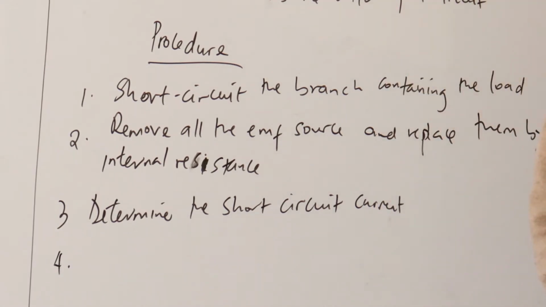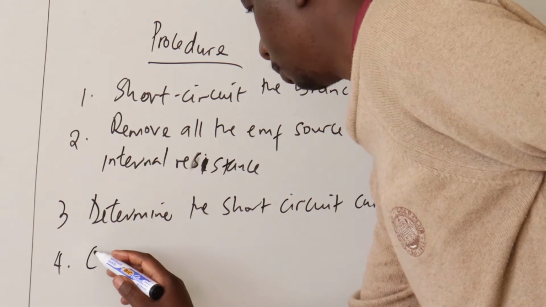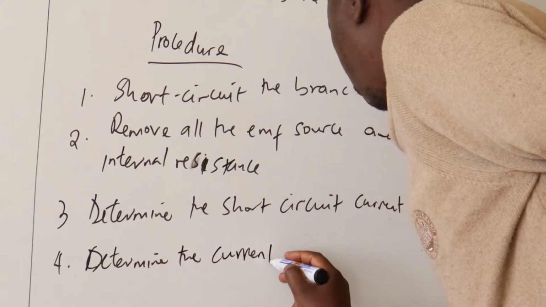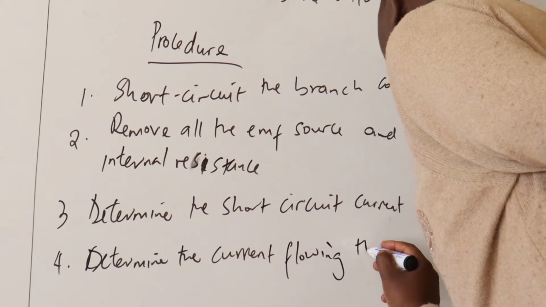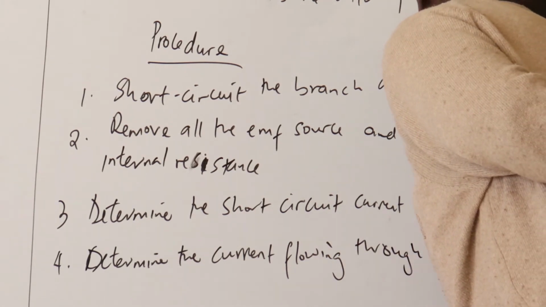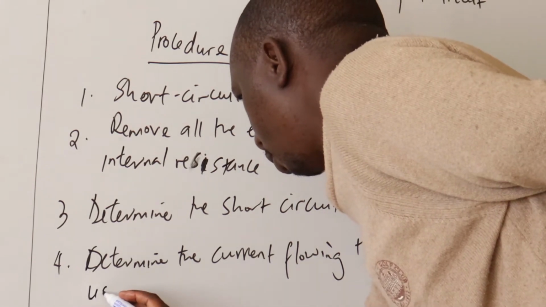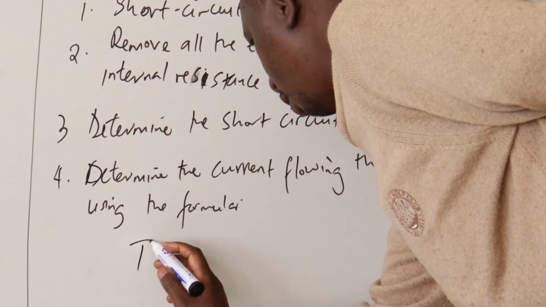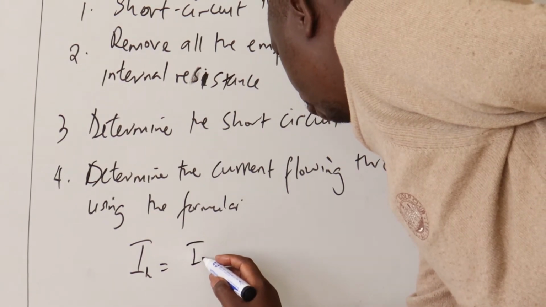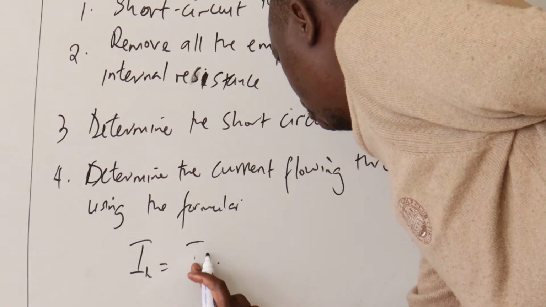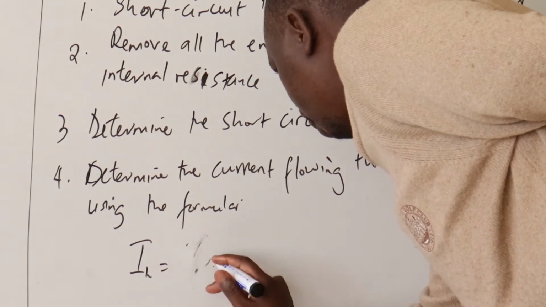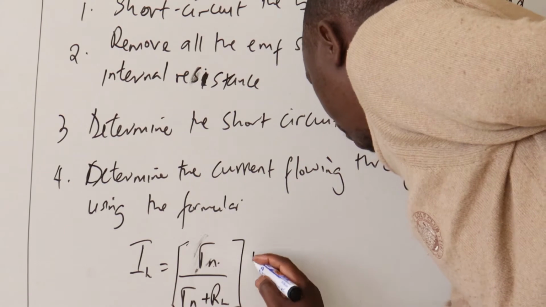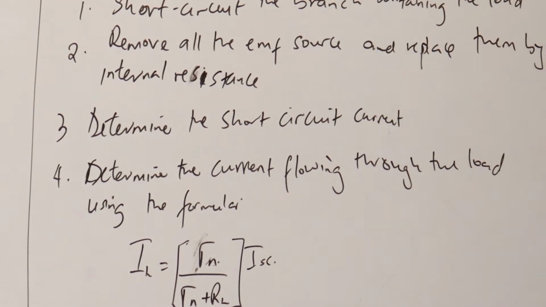Number four, determine the current flowing through the load using the formula: I_L equals Norton's internal resistance R_N over R_N plus R_L, multiplied by the short circuit current. So that's basically what it is.